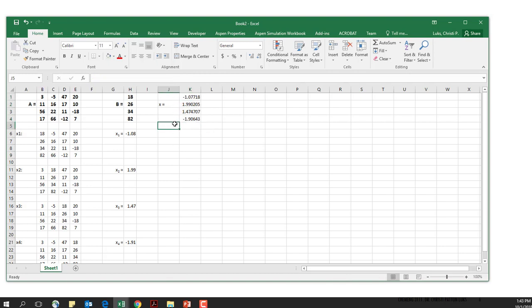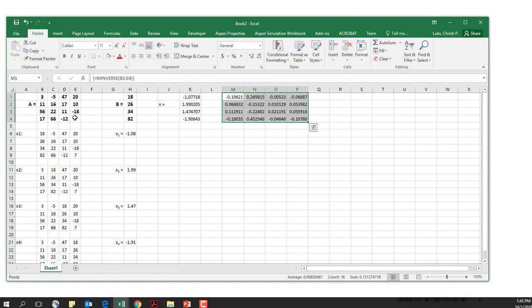So this is, again, another way of doing this. You can do this in one step, or you could have done this in multiple steps if you preferred. Just simply, if I wanted to do the inverse only, equals matrix inverse of A, Control-Shift-Enter, and that's the inverse.